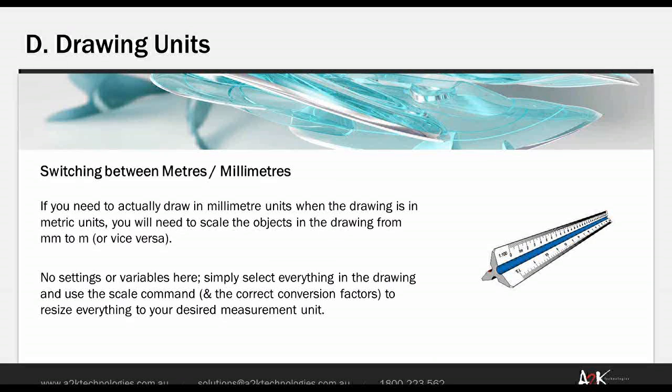Vice versa, if you've got a meters drawing and you're taking millimeter objects and putting them into your meter drawing, you have to scale them down by a factor of 0.001. There are no variables or settings to control that. It's just being aware that you have to select everything in that drawing and then use the scale command with the correct conversion factor to resize everything back and forth.